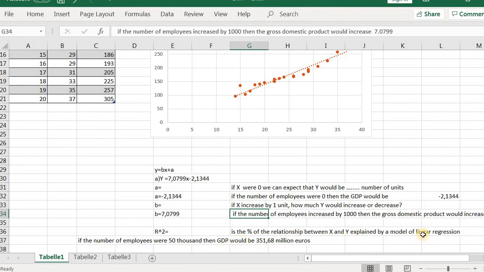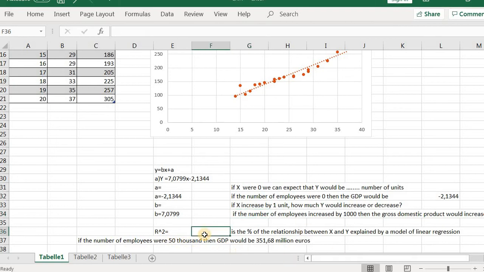You can find this explanation in your books. And this coefficient shows the percentage of the relationship between X and Y explained by the linear regression model. What does it mean in our case? First of all, we have to find this percentage amount of R squared.